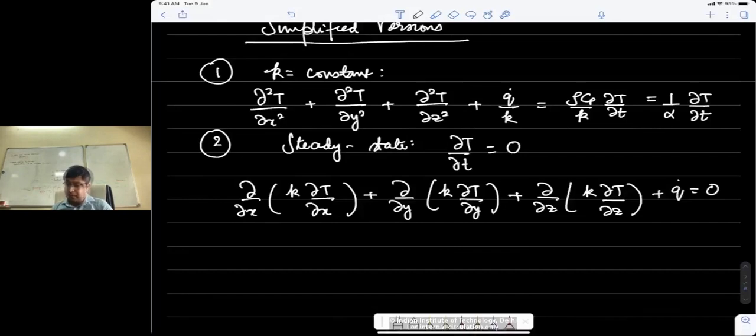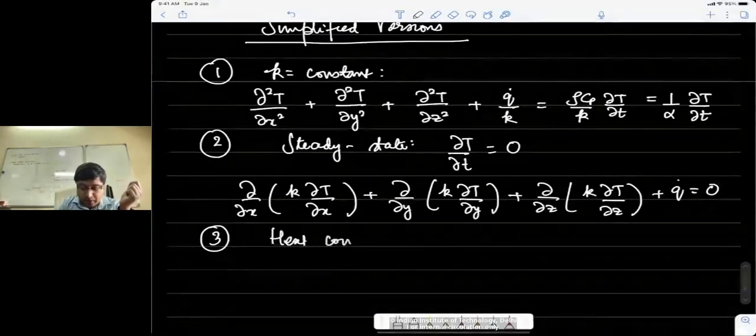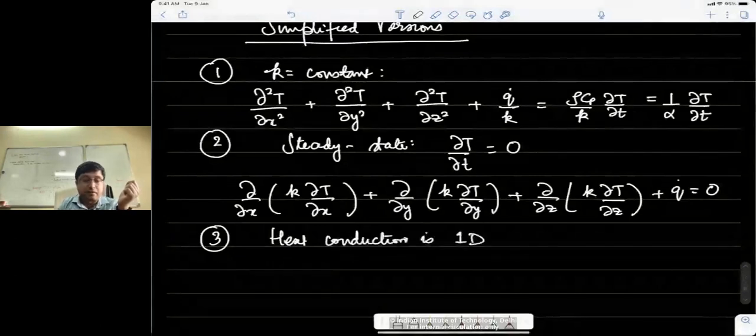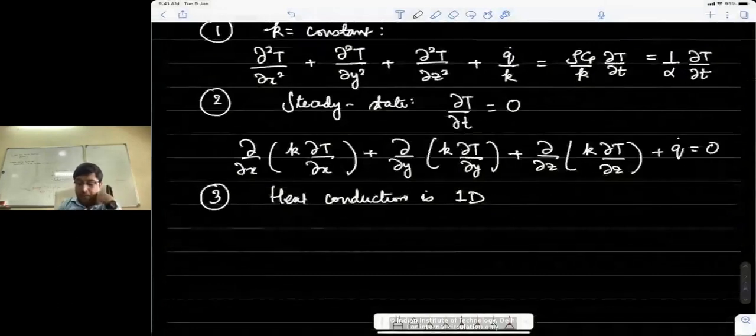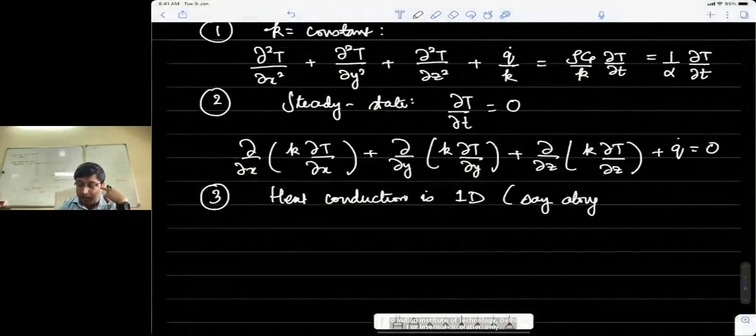The last simplified form, which we will actually use most commonly in this course, is when we can say that heat conduction is only in one dimension, which would basically mean that changes along the other two directions are negligible. So if we can say heat conduction is one dimensional, and for simplicity, the way most of the textbooks will say this, let's say it is along the x direction only.